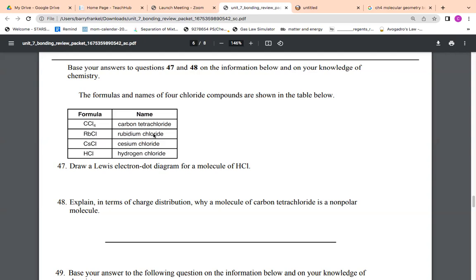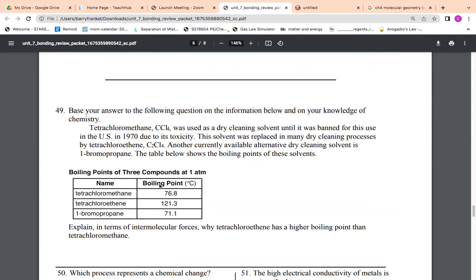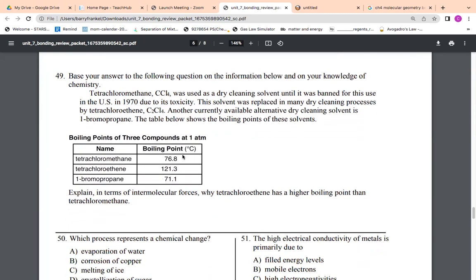All right, number 49. They give us all this information, and then they ask us to explain in terms of intermolecular forces. So make sure that the phrase intermolecular forces is in your answer. Explain in terms of IMF why tetrachloroethene has a higher boiling point than tetrachloromethane.